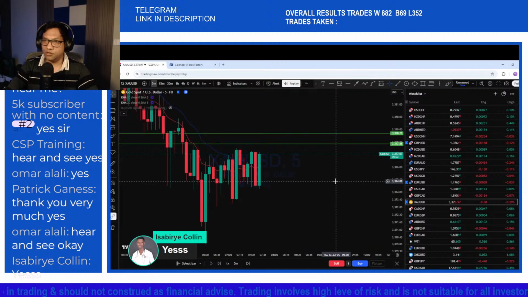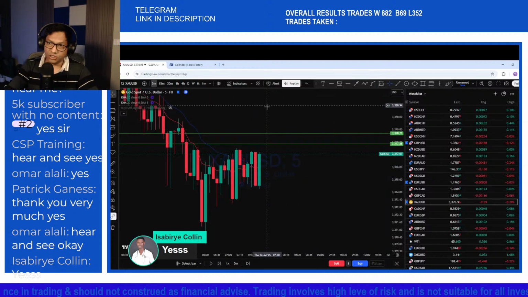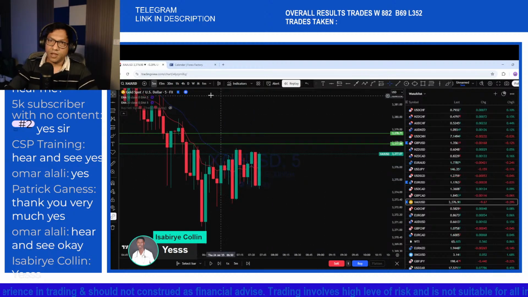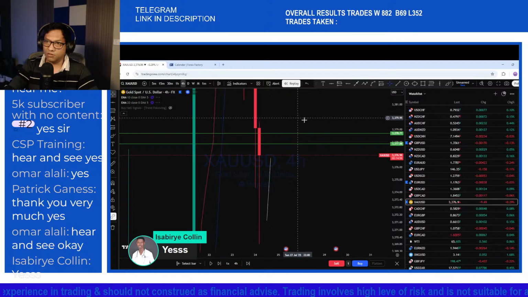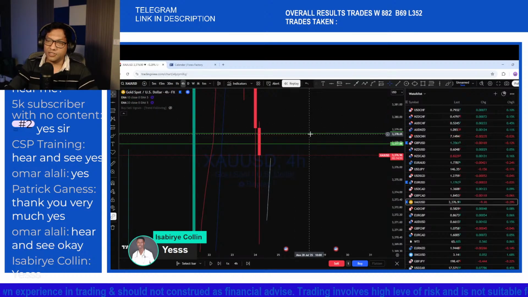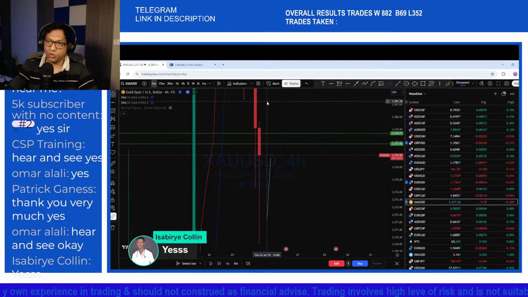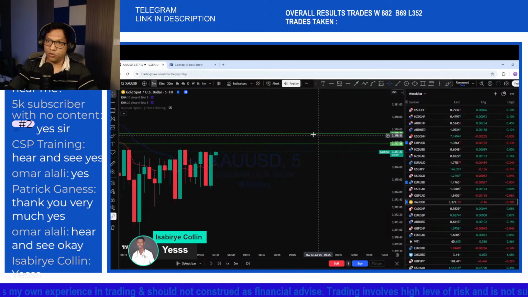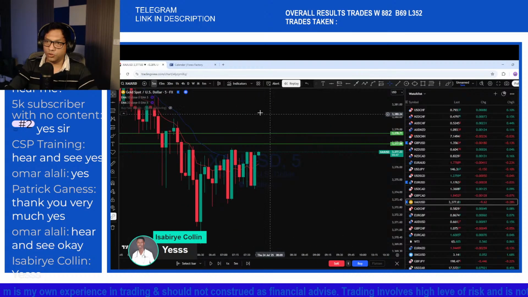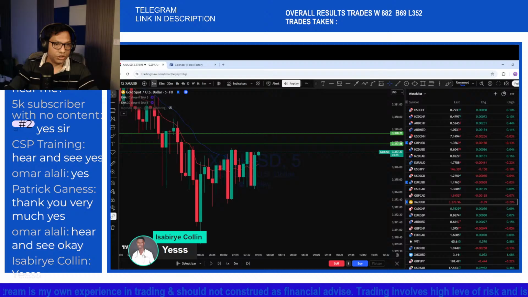It's almost at the resistance on the 5-minute chart. Would like to see it going back here and hitting that 4-hour resistance line. Once the market hits that 4-hour resistance line, we will be looking for an entry opportunity here, which is possibly to create a bigger movement in this market.